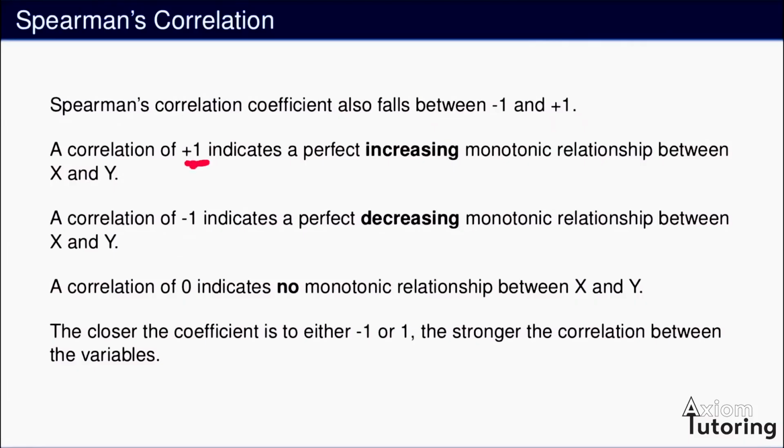And a correlation of +1 indicates a perfect increasing monotonic relationship between x and y. And a correlation of -1 indicates a perfect decreasing monotonic relationship between x and y. And a correlation of 0 indicates no monotonic relationship between x and y whatsoever. And the closer the coefficient is to either -1 or +1, the stronger the correlation between the variables.